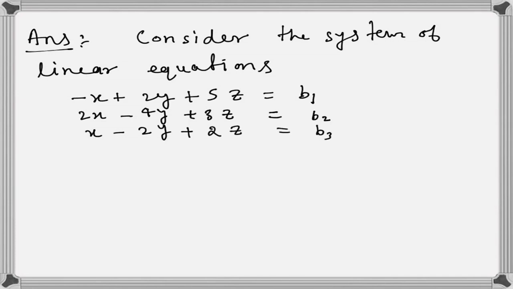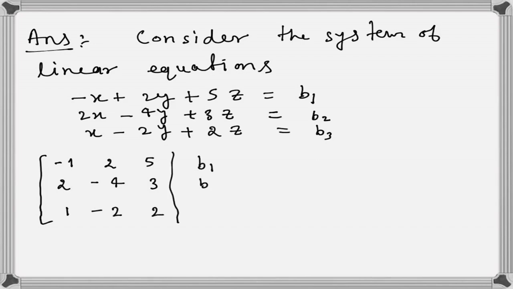So write the augmented matrix for this system, which is nothing but minus 1, 2, 5, 2, minus 4, 3, 1, minus 2, 2, and b1, b2, b3. Okay, so now let's apply some row operations.